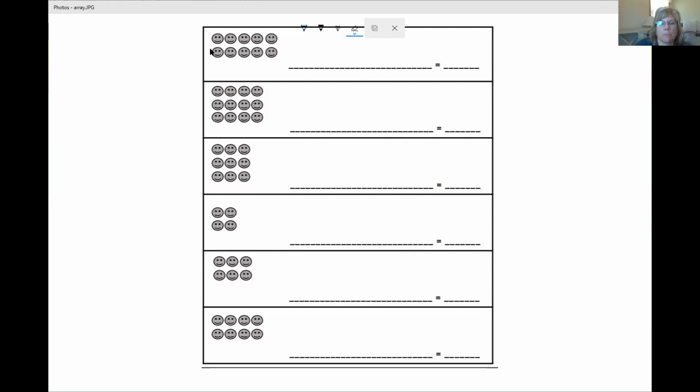So let's make some repeated addition and see if we can figure out the multiplication problem that would go with it. So I have 5 smiley faces going across 2 times. So there's 2 rows, and I have to do it 5 times. So 2 plus 2 plus 2 plus 2 plus 2 would be 2, 4, 6, 8, 10.